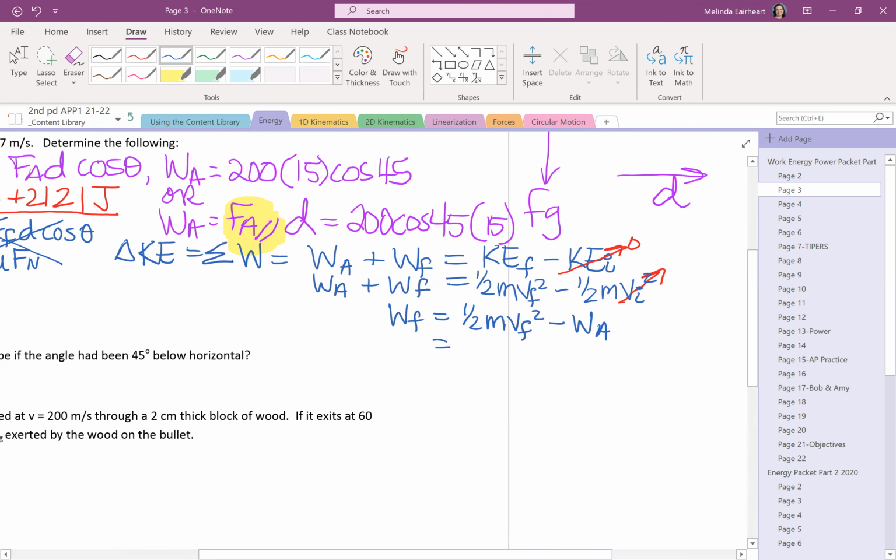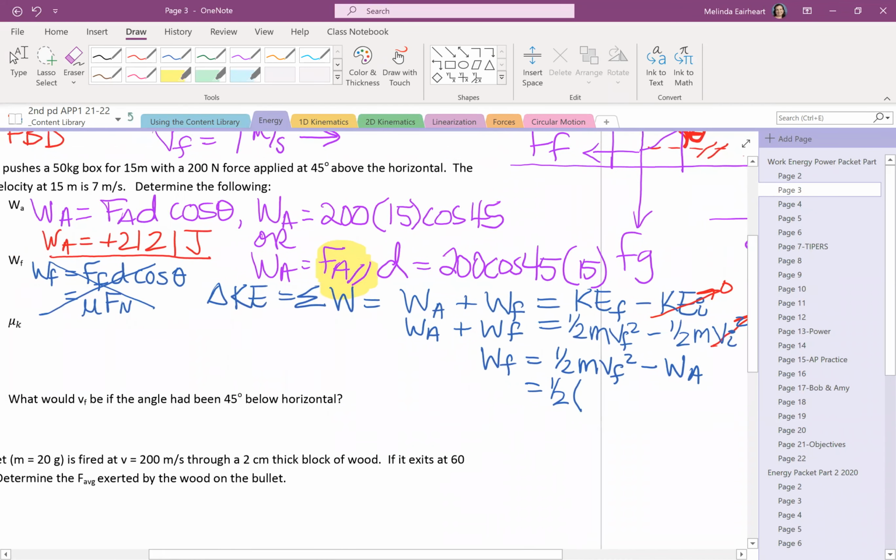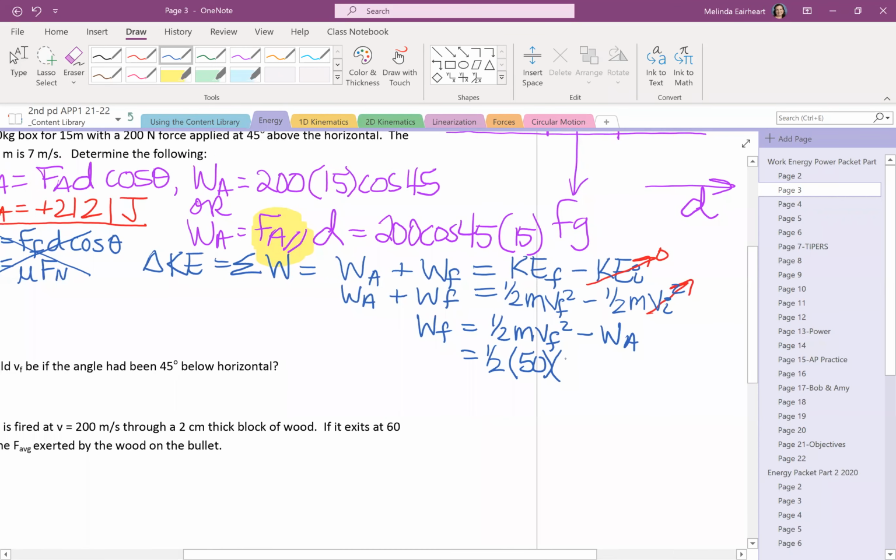And so we should be able to plug our numbers in. They said the mass is what? 50. And the final velocity or speed was 7. Don't forget to square it. Minus that 21.